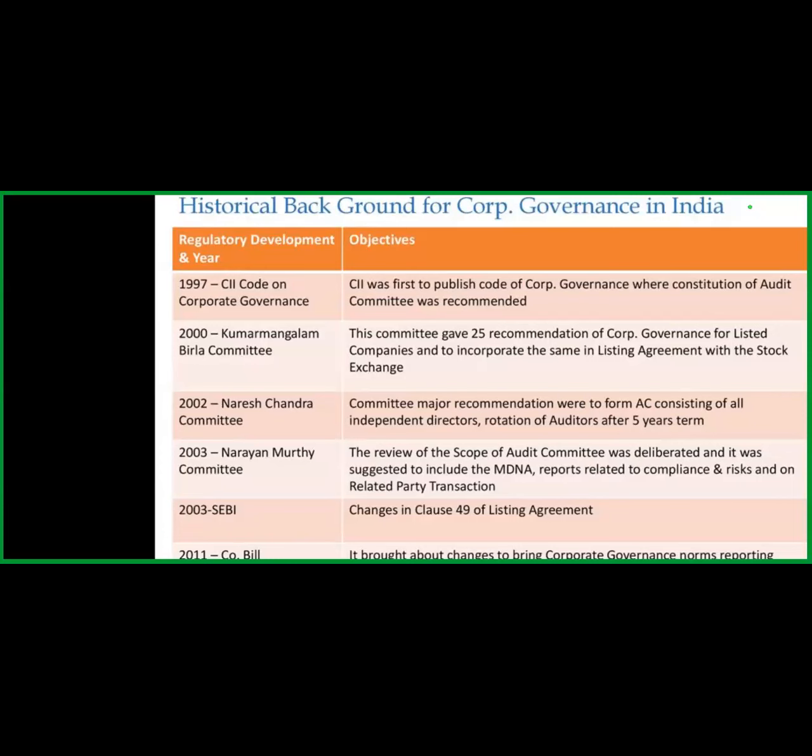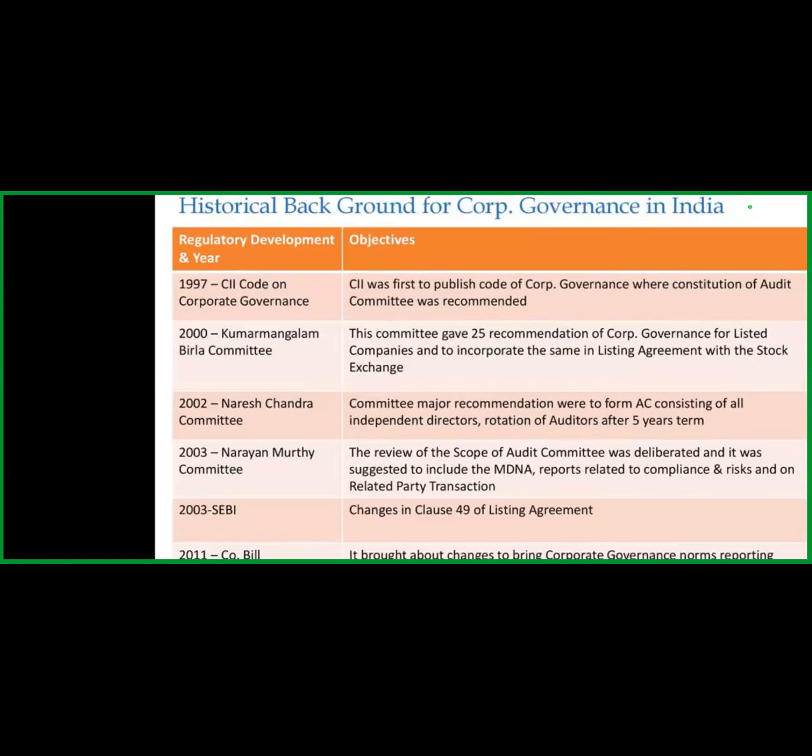So that is to be avoided. So the CII thought that the most important part is the finance part, the audit part, the balance sheet part, how the balance sheets are to be prepared. If anyone is manipulating figures in the balance sheet, what strict action can be taken against those people. That was recommended by the CII in 1997.